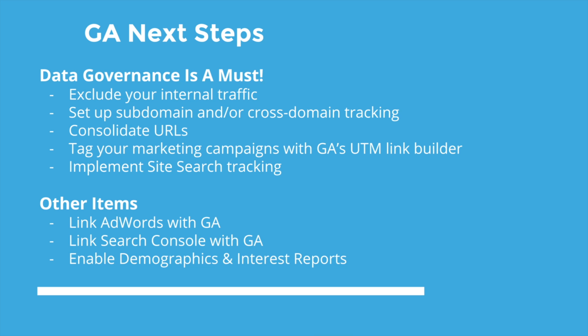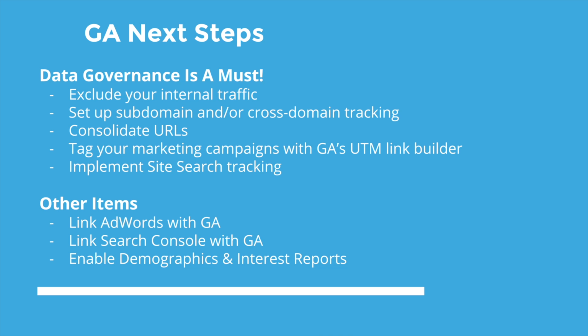But if you want to ensure that your data is accurate, some of the other things that I would strongly encourage you to do is to exclude your internal traffic, excluding specific IP addresses, possibly ISPs. If you have subdomains, like I said earlier, if you have something like blog.mysite.com or tickets.mysite.com, you need to set up referral exclusions, because as somebody moves from one subdomain to another or from one domain to another, Google Analytics starts double counting those users.